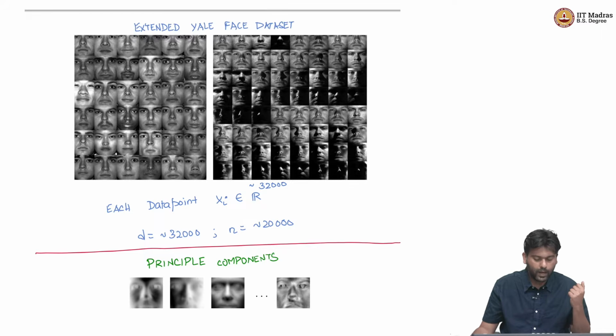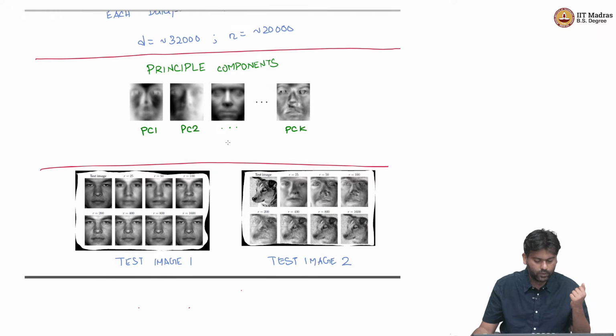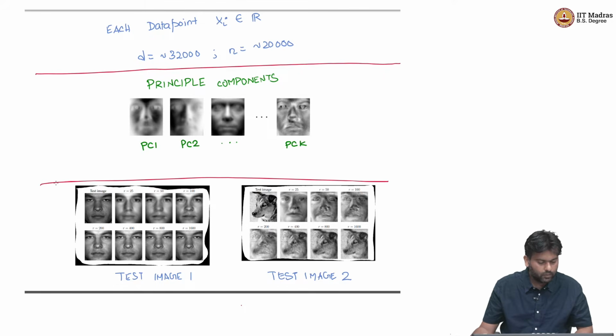So now the question is, as I increase the number of eigen directions, how do these images start looking? And the YALE folks did that as well, and what you see is something like this. For example, let's focus on the left hand side image first. Here is a test image. Let's say this is an image that is not in your data set.